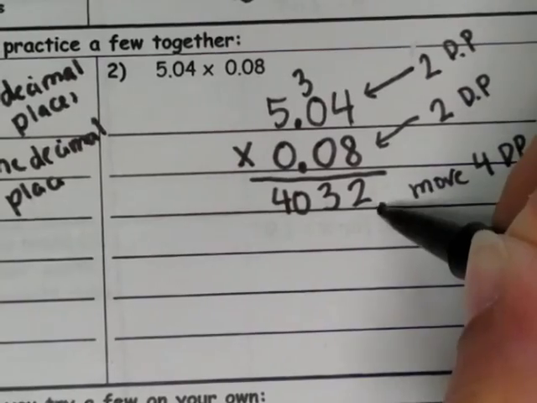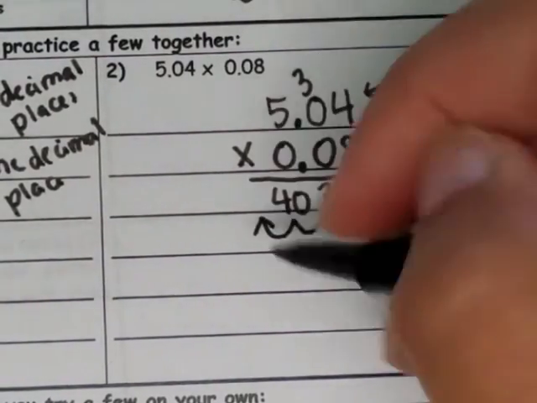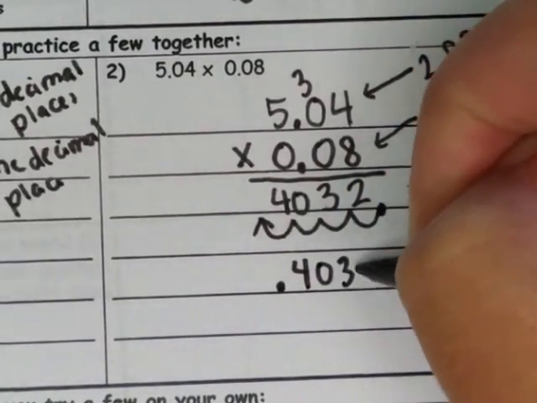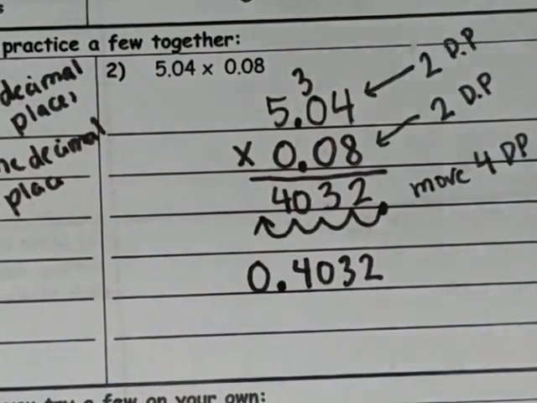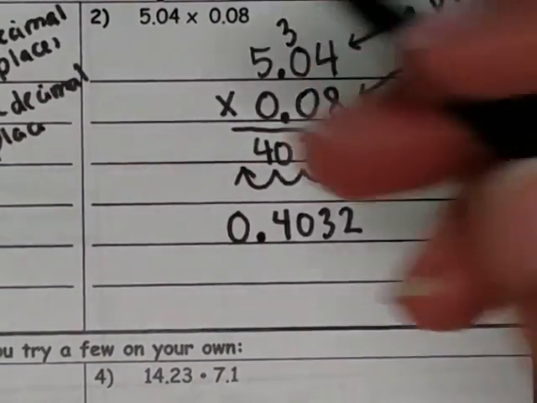So we're going to start it here, and we're going to move it 1, 2, 3, 4. So we end up with 0.4032. I like to put a 0 in the ones place. So this is 4,032 ten-thousandths. It's a very, very, very tiny number.